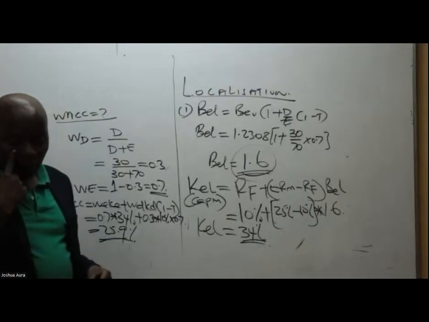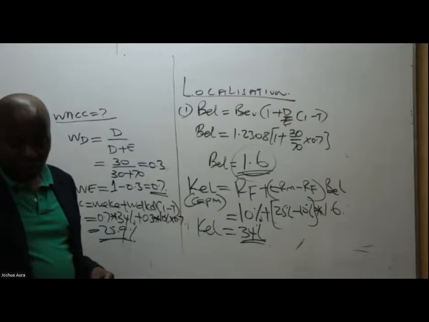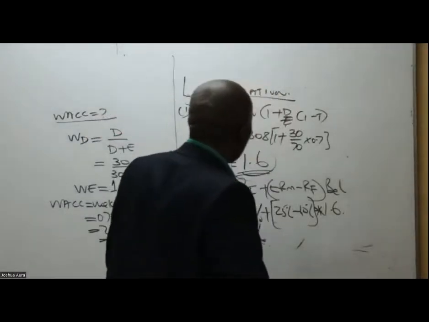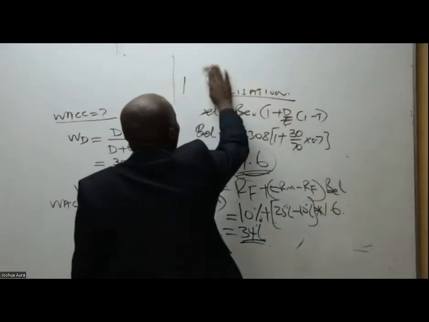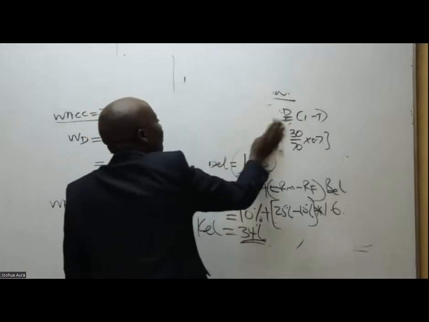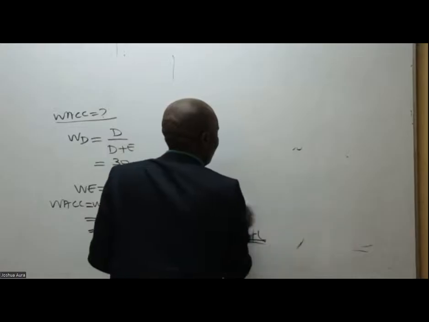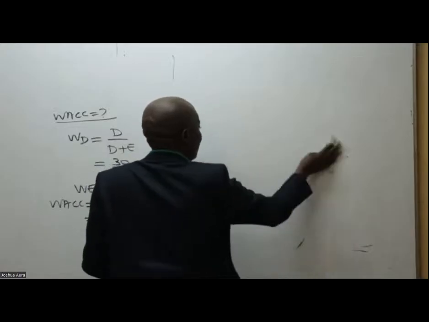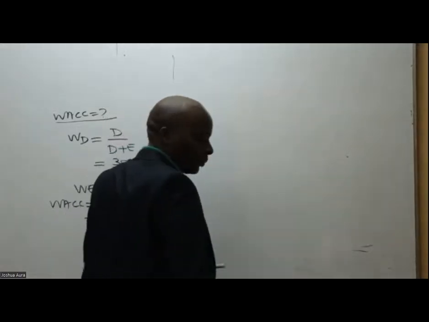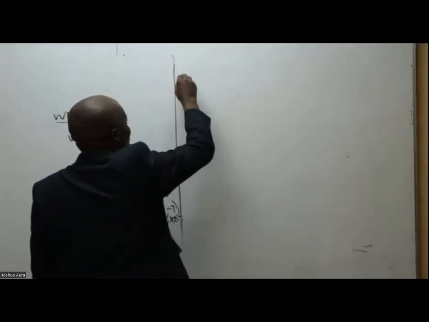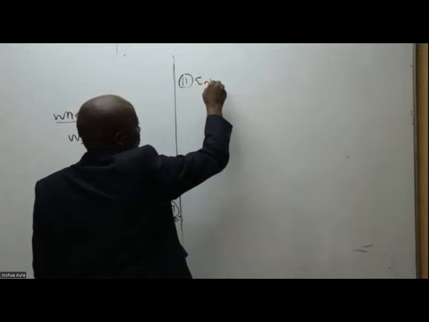From there, I'll go to the second bit, which is very easy. Entirely equity. Here there is no working really.